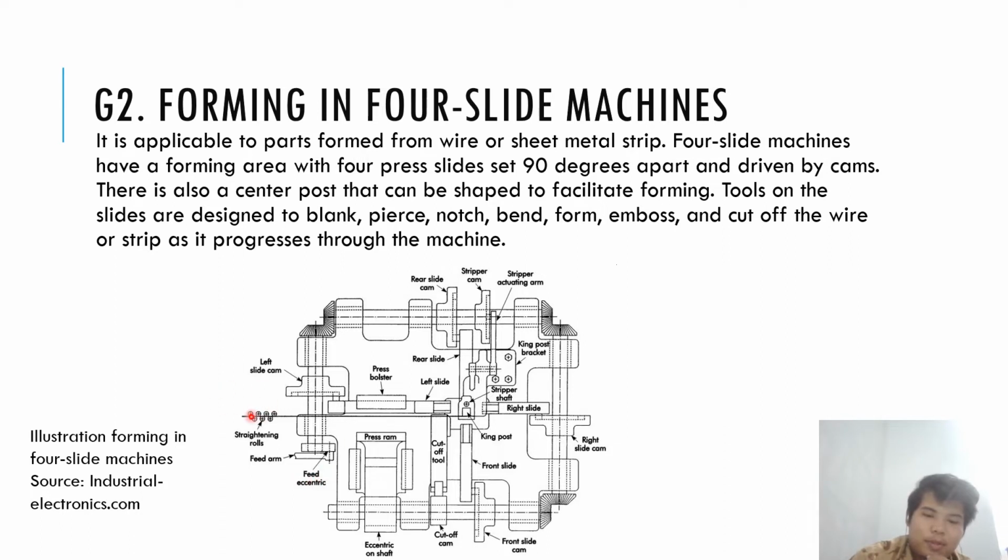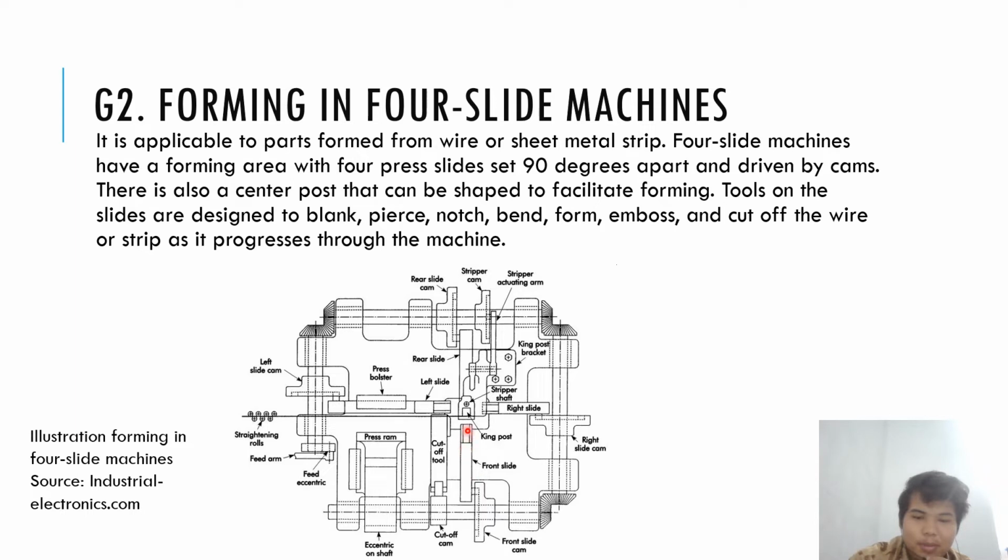So the material from here is straightened by the rolls and fed, and then the press slide presses the ram on the first section, and then goes into the center, and then there are the right slide, left slide, rear slide and front slide.